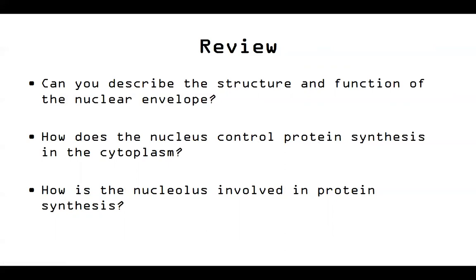So specifically, again, this idea of DNA, which lives in the nucleus, get a copy that's RNA, which is then translated, okay? And we understand that the nucleolus is involved in protein synthesis because it's the site of a lot of ribosomal RNA production. That's where we're going to see high levels of transcription of ribosomal RNA.